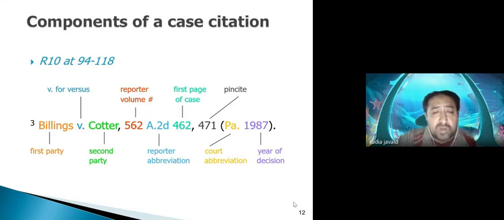So in the decomposition of this Blue Book citation, it is clear: the first party, versus, second party, reporter volume, first page, each and everything in summarized form. And again, look at computer programs. Computer programs or instructions work in the same way, where you precisely tell what the computer has to do. But here it gives the description of the parties, the volume number, and what happened in this case when the matter was this.